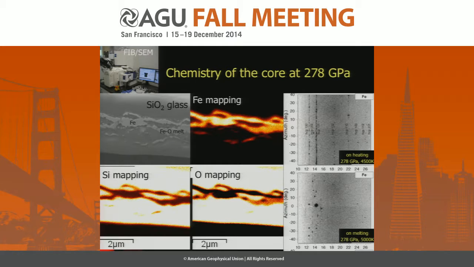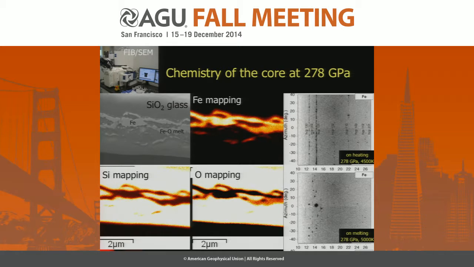So again, look at the scale bar. This is 2 microns. So we really need sub-micron chemical analysis. Ideally, you need to be able to get down to 250 nanometers. So we're doing lots of technical development, doing sub-micron, down to 200 nanometer chemical analysis. This is really exciting.